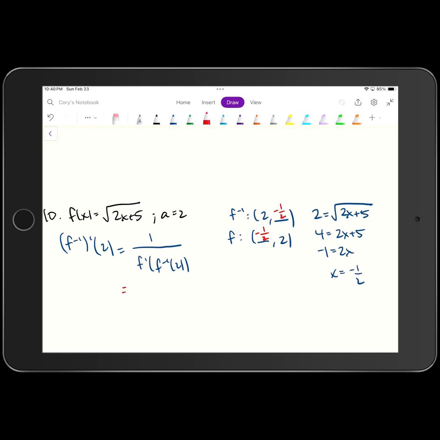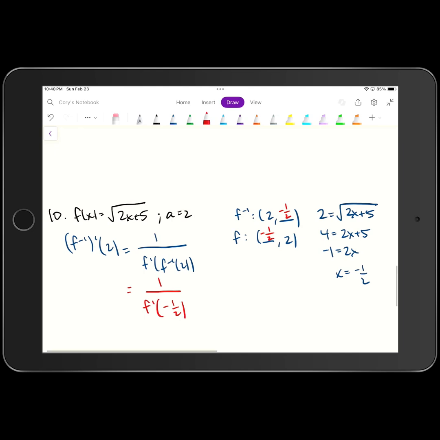So when I'm being asked to find f inverse prime of 2, this is going to be 1 over f prime, and we found f inverse of 2 to be negative 1/2. All I need to do now is take the derivative of my function f and then evaluate that at negative 1/2.